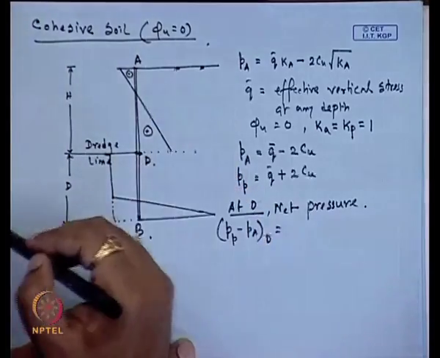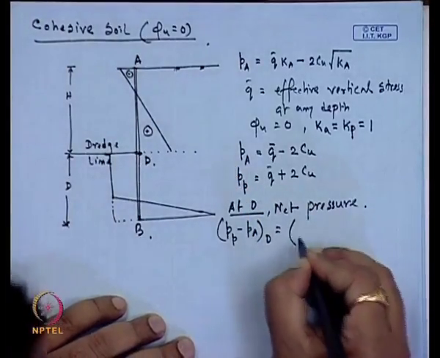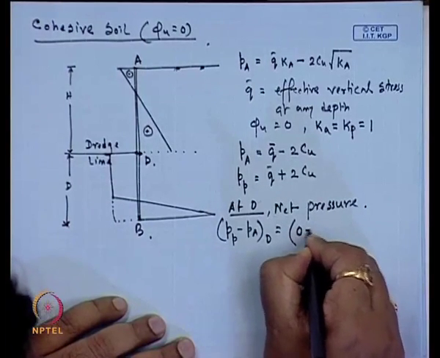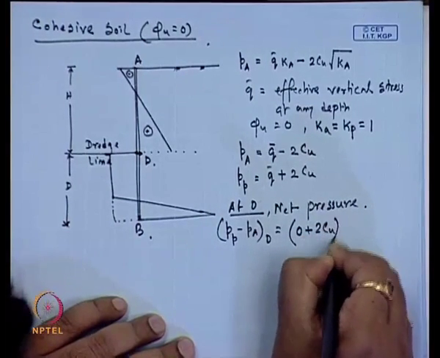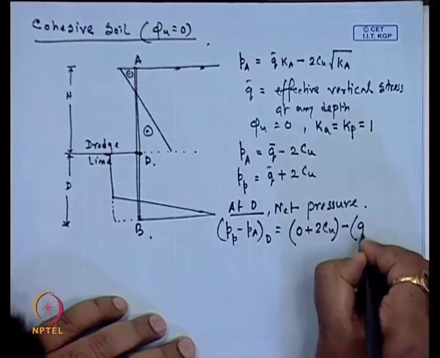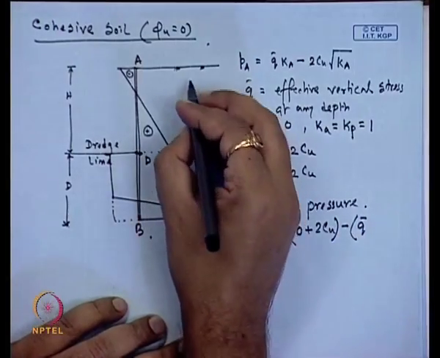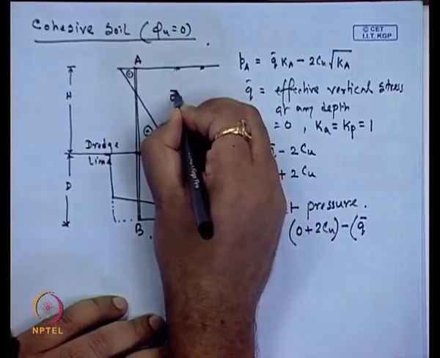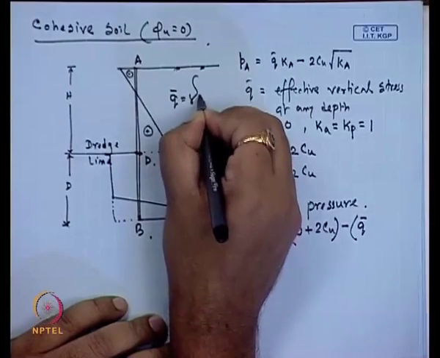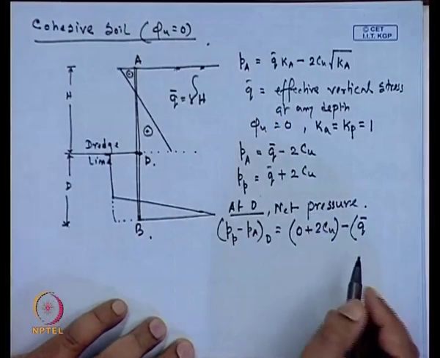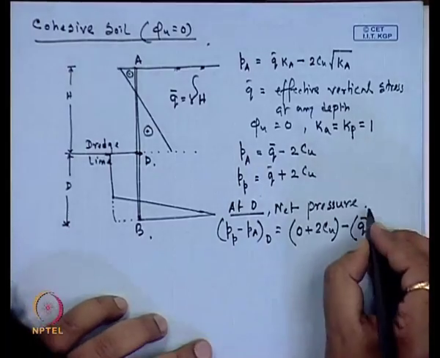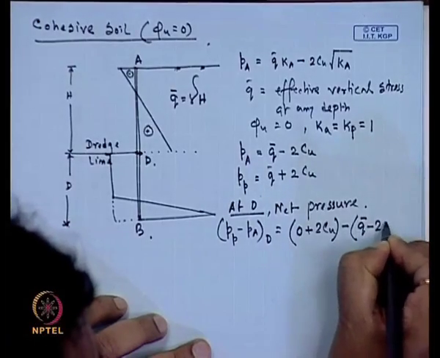So, Q we can consider 0. So, on this side it is 0 plus 2 C_u minus Q bar, where Q bar is gamma h, gamma being the unit weight of the soil, minus 2 C_u.